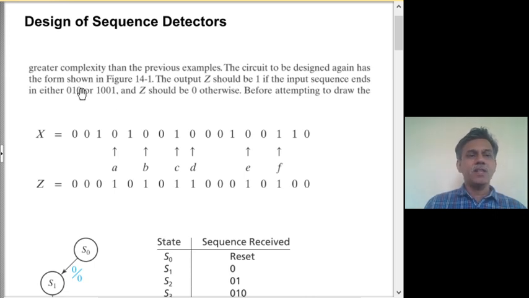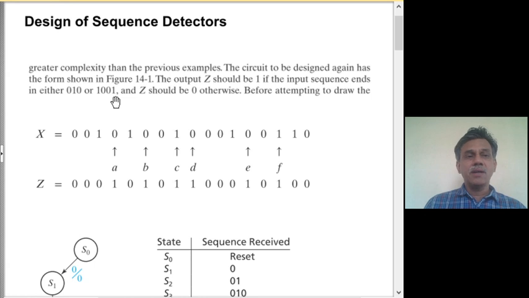Now, we will take a case where two possible patterns can occur and they are of varying length. One is a 3-bit pattern, another is a 4-bit pattern. One is 0 1 0, another is 1 0 0 1. And they can occur anywhere in the sequence in an overlapped manner and so on.